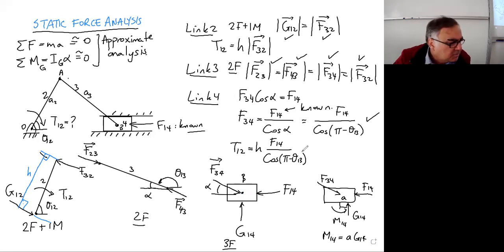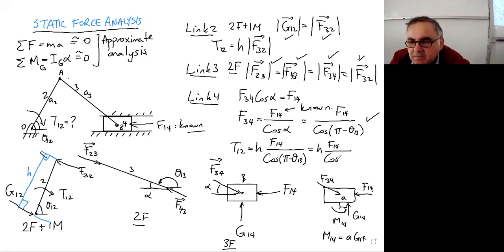Actually, if you open up cosine of pi minus theta 1, 3, you will find that this is equal to cosine theta 1, 3. So this is h times F14 over cosine theta 1, 3.